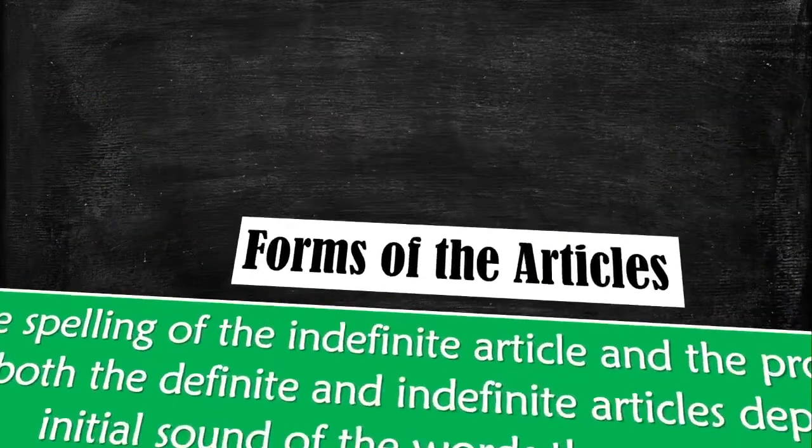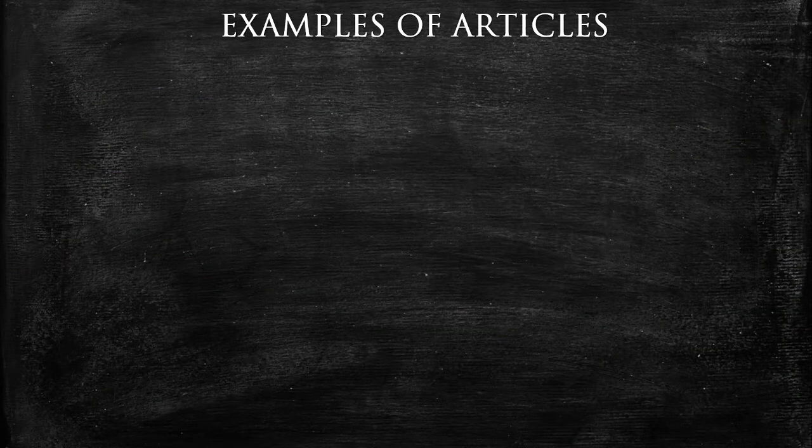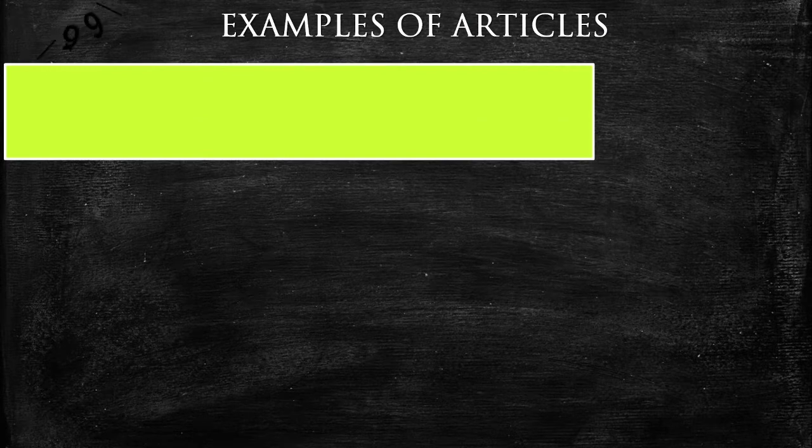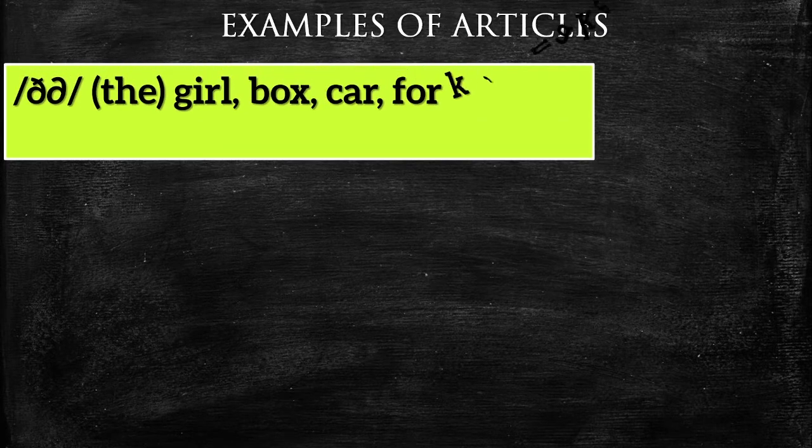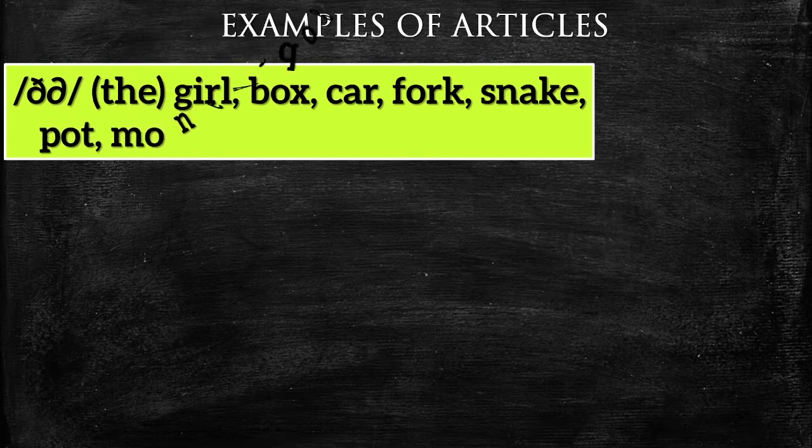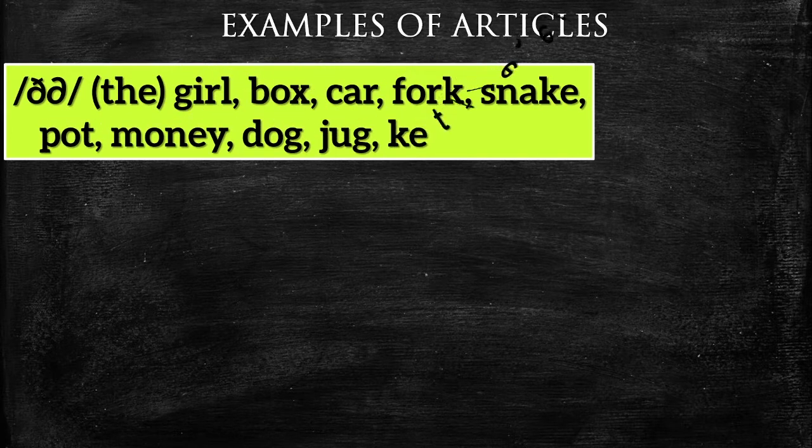Let's see some examples of this explanation. You have articles coming before a consonant sound, as you have in the following: the girl, the box, the car, the fork, the snake, the pot, the money, the dog, the jug, the kettle, and so on and so forth.